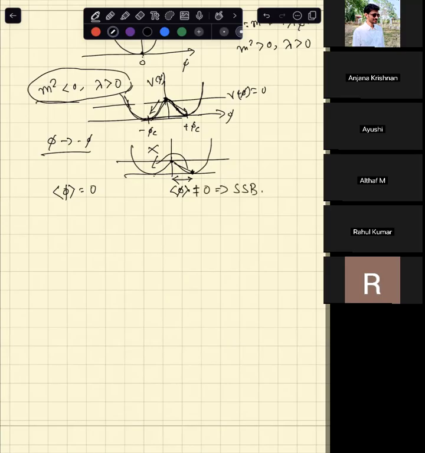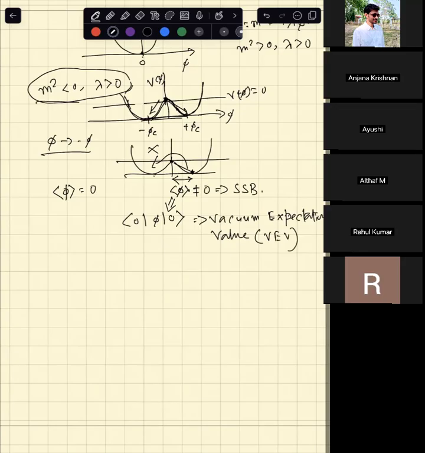And this expectation value of the field is what we call the vacuum expectation value, because this is computed in the vacuum. Vacuum is the ground state. So that's why you call it the vacuum expectation value, and you call it VEV.